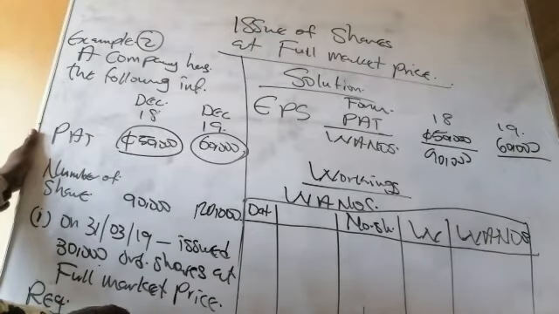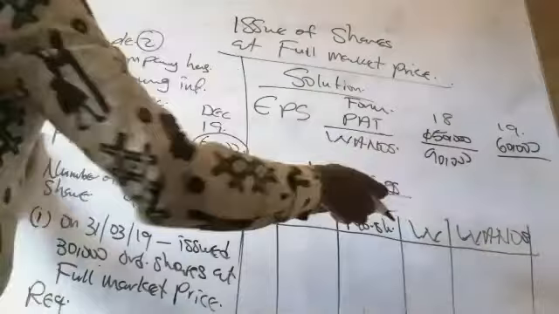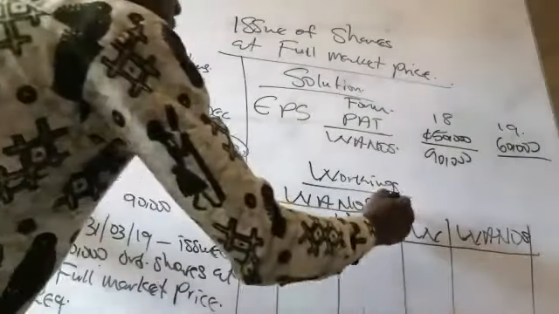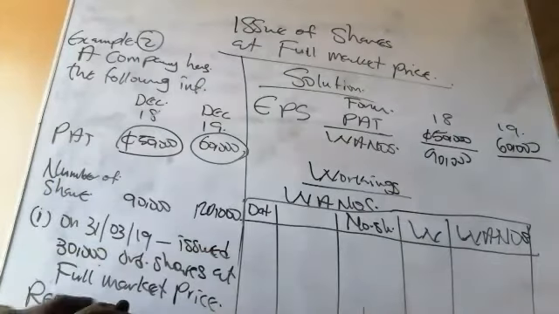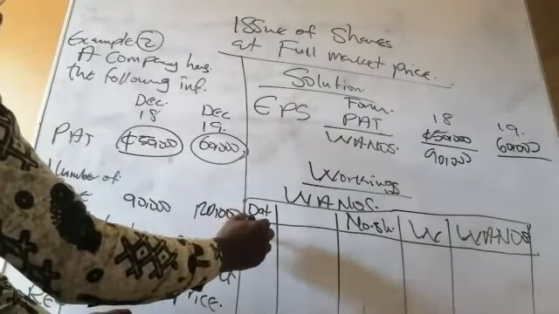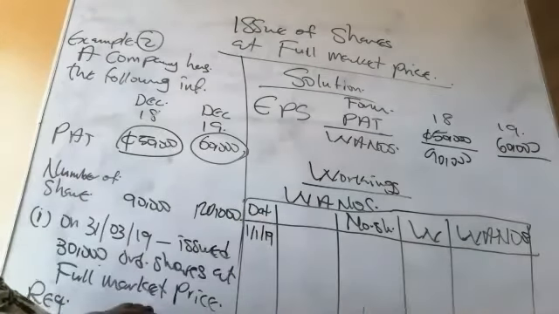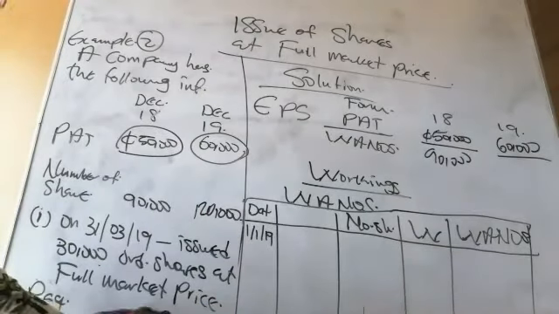So for 2019, let's start with the dates. We tell the examiner that as of 1st January 2019, the number of shares in issue happened to be 90,000, agreed.